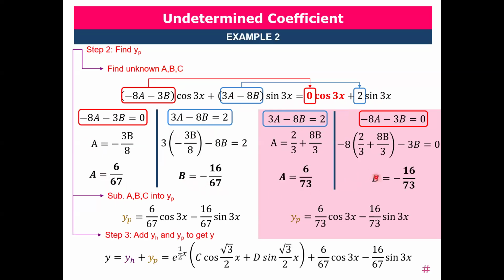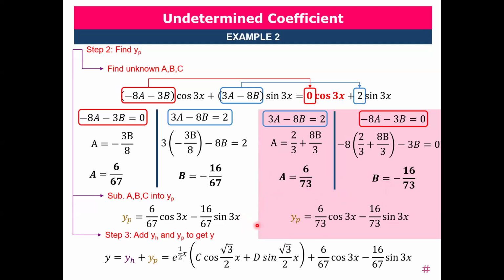Just if you have done this differently, meaning that you solve the second equation first, finding the A, and then you solve the other equation, then you will get a different value of A and B. So don't worry, these values of A and B are also correct.